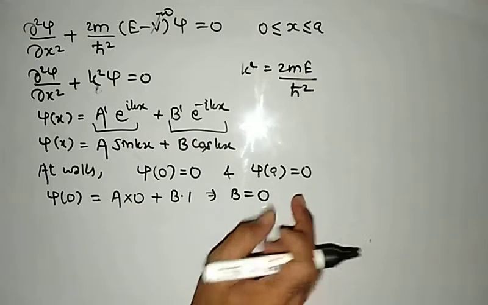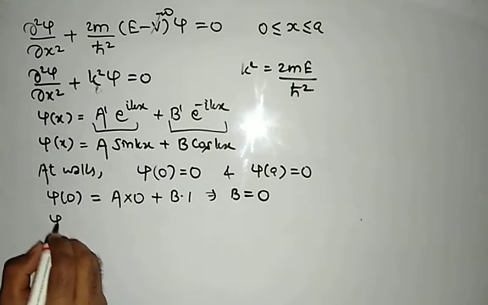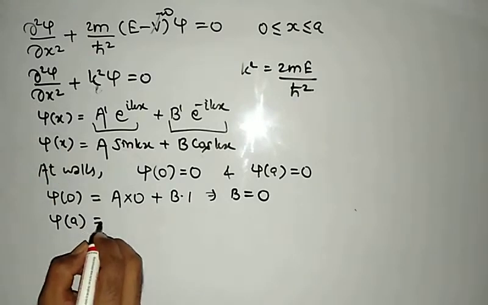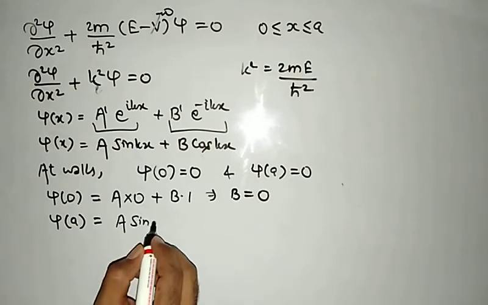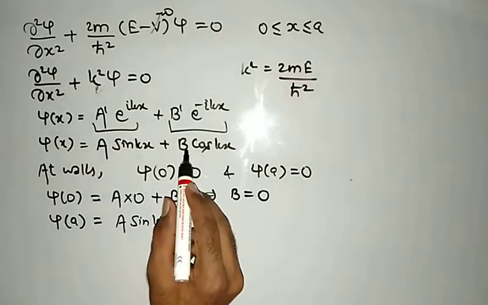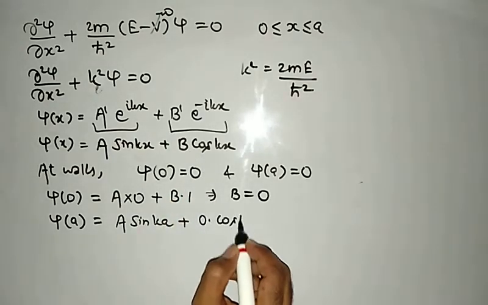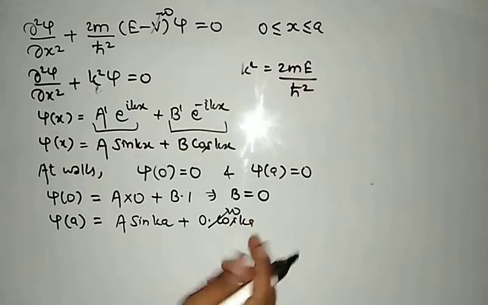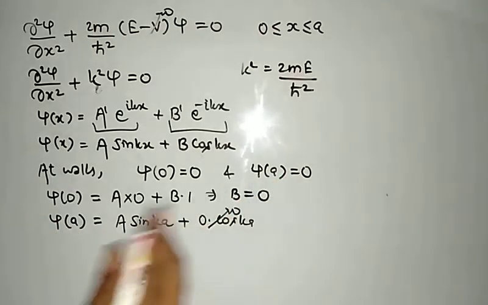And putting psi a equal to 0, here we get a sin ka plus, since b is 0, 0 into cos ka, this term will be 0, and from here this is also 0 using the boundary condition.